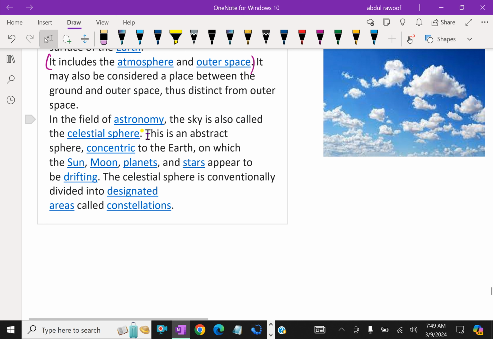In other fields of astronomy, the sky is also called a celestial sphere. This is an abstract sphere concentric to the Earth on which the sun, moon, planets and stars appear to be drifting. The celestial sphere is conventionally divided into designated areas called constellations.